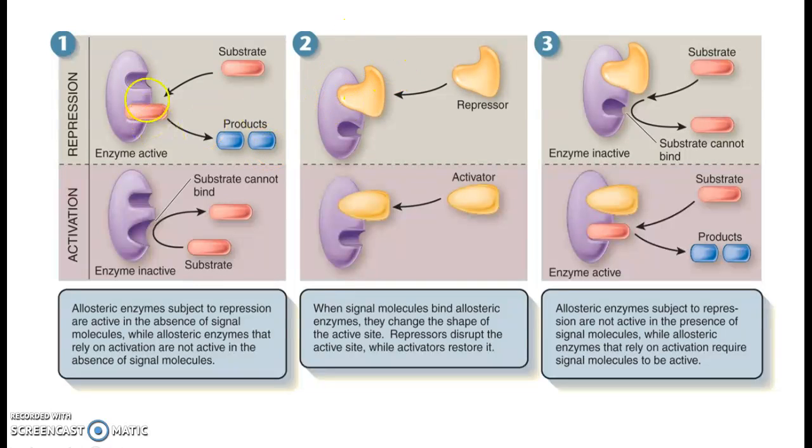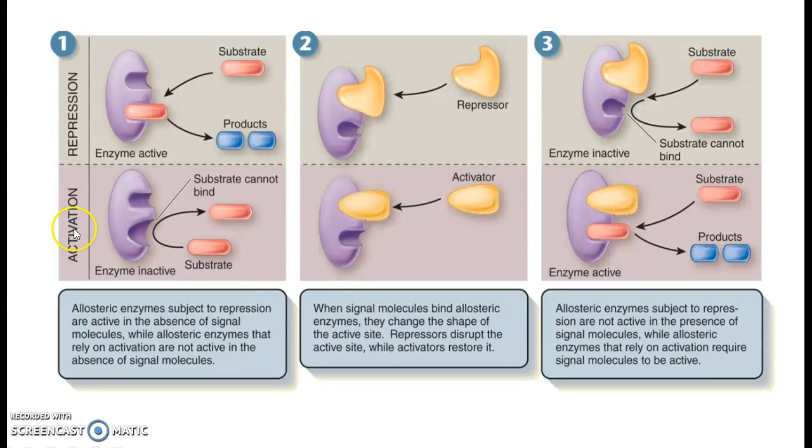However, it is susceptible to repression, and so this allosteric site can be bound by the repressor, which changes the shape of the active site so that it no longer is the right shape to bind its substrate. So it makes this enzyme inactive, unable to catalyze the reaction.